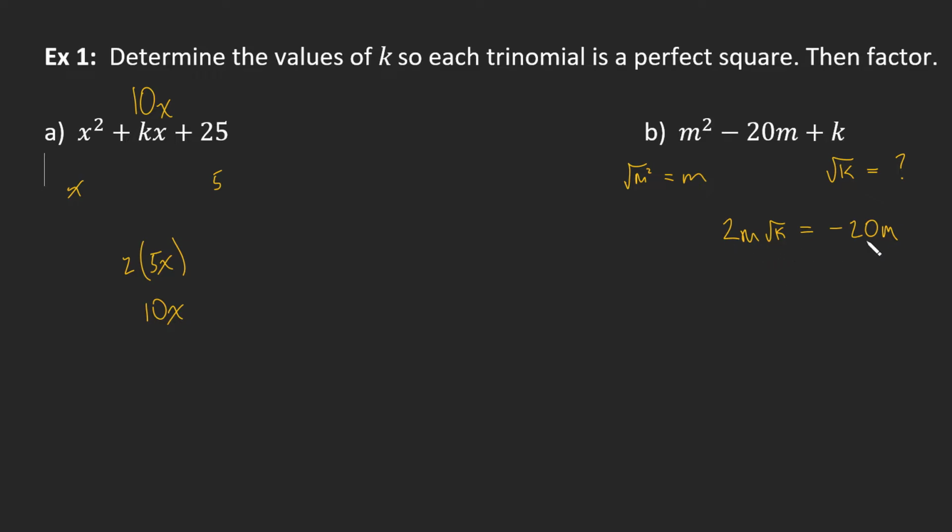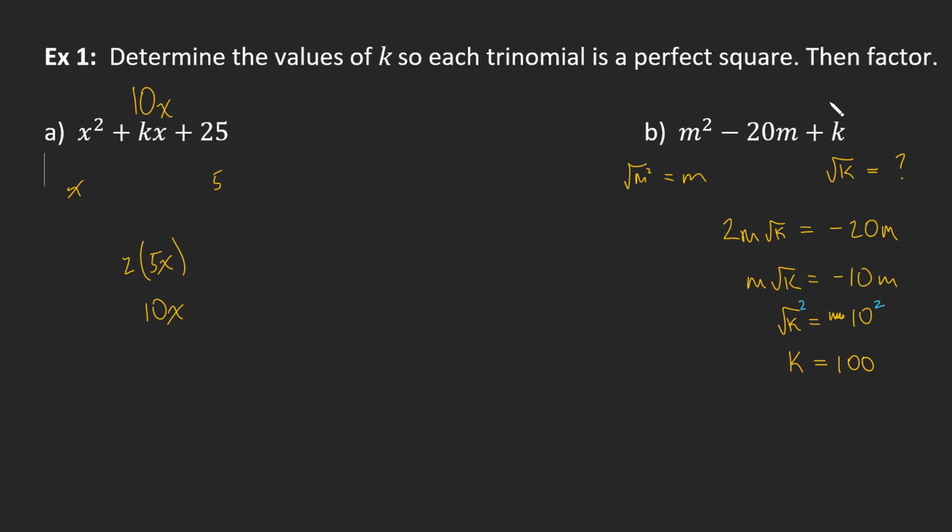I'm going to divide both sides by 2, so that leaves me with m times the square root of k is negative 10m. I'm going to divide both sides by m, so that leaves me with the square root of k is negative 10. Well, we can't get a negative answer when we take the square root, so let's ignore that for a second. If I square both sides, I will get that k is 100.